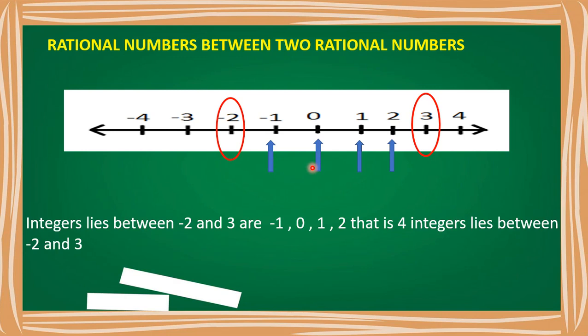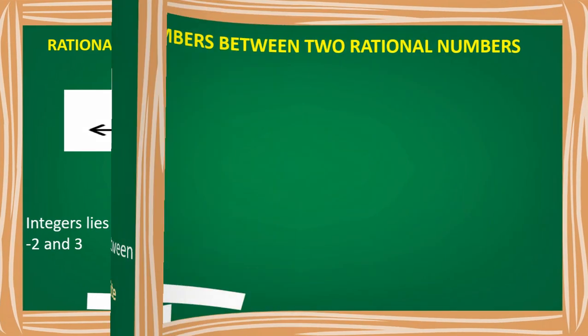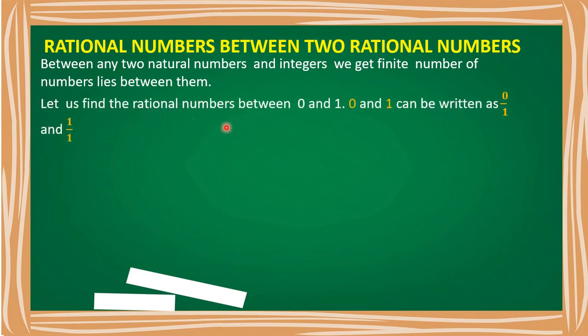So again in the set of integers we are getting 4 integers between -2 and 3. That is again a finite number of integers. Between any two natural numbers or integers we get a finite number of numbers lying between them. Now let us find the rational numbers between 0 and 1.